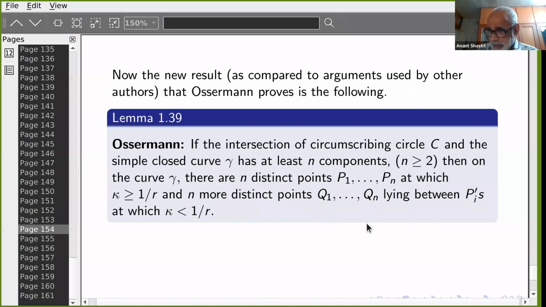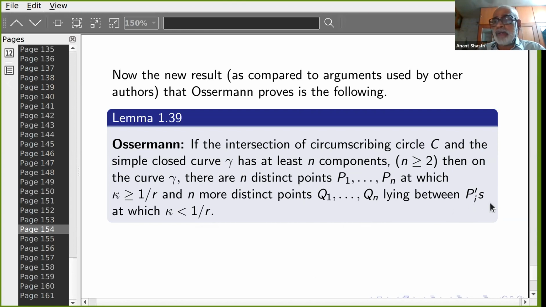So this lemma is much more general: just n components, n greater than or equal to 2. Then on the curve gamma, there are n distinct points P1, P2, ..., Pn, at which kappa is greater than or equal to 1 by r, and n more distinct points Q1, Q2, ..., Qn lying between the Pi's such that kappa is less than 1 by r.